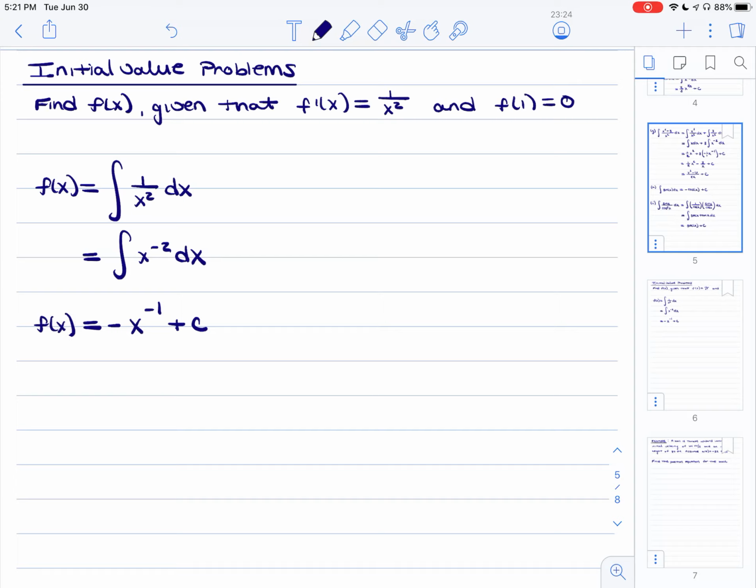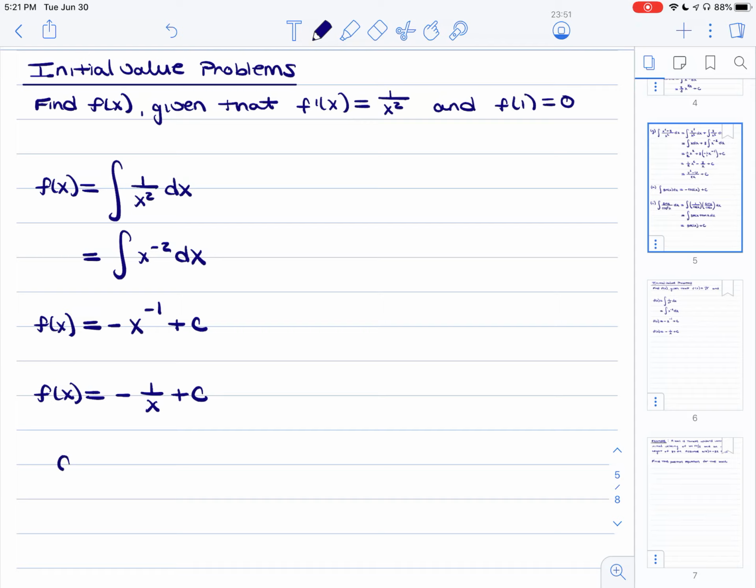Now, you always have that constant of integration. Okay, so that's typically where we would leave a problem like this. But on this one, because we're given this initial condition, that f of 1 is equal to 0, we can use that piece in order to find our c value. So I'm going to go ahead and just rewrite this first of all as negative 1 over x plus c. Okay, so f of 1 is equal to 0.